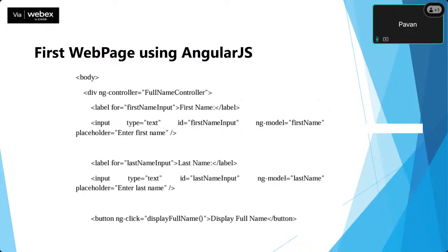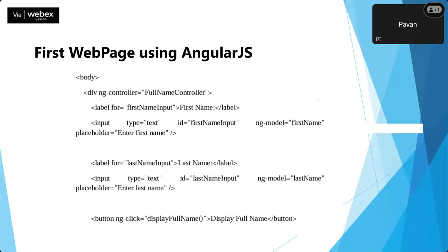Like if we mention first name, after that only we have to give the input bar, right? So that's why we are creating a label, and inside that label tag we'll mention first name because we are taking input of first name first, and after that we'll take input of last name.